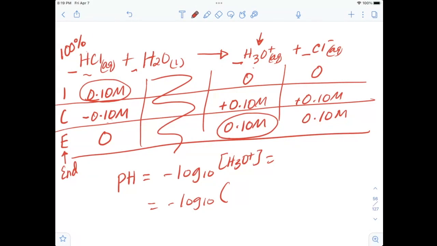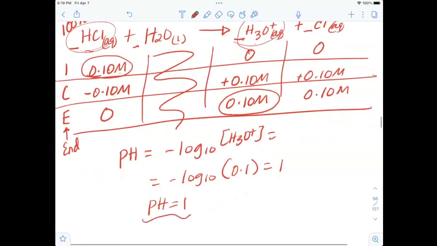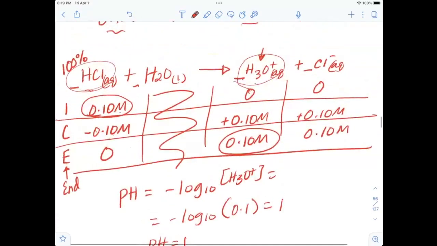This gives you negative 1. Okay, so the pH is 1. So when you have 0.1 molar HCl, essentially the hydronium ion produced because it's a strong acid is 100% same amount. So the pH is equal to 1. Okay, conclusion, strong. Okay, now how does this compare to H2SO4? Remember, this is monoprotic, right?